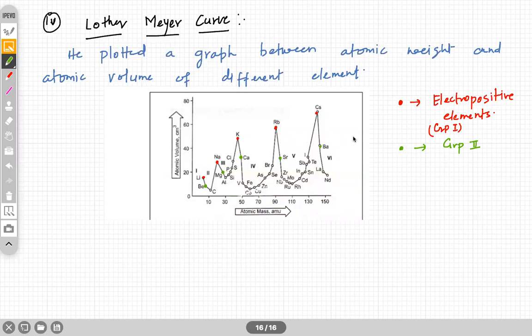Okay, so next you write down the fifth one. Wait. On the basis of Lothar-Meyer curve, he concluded that the physical properties of the elements are the periodic function of their atomic weight.